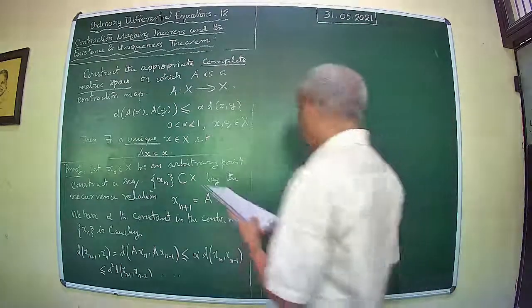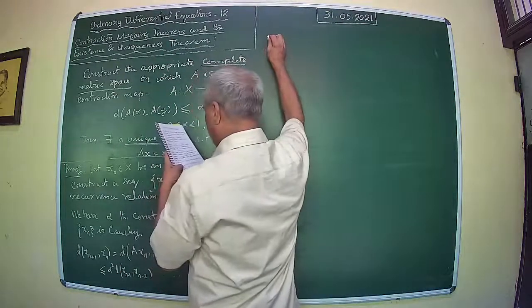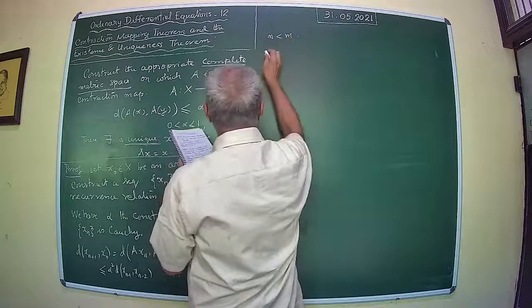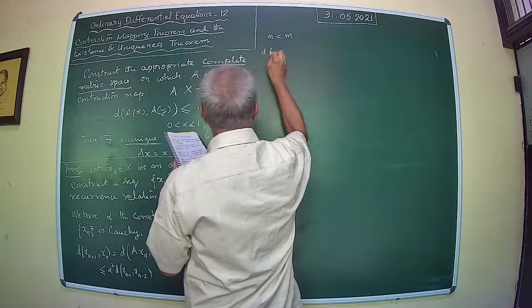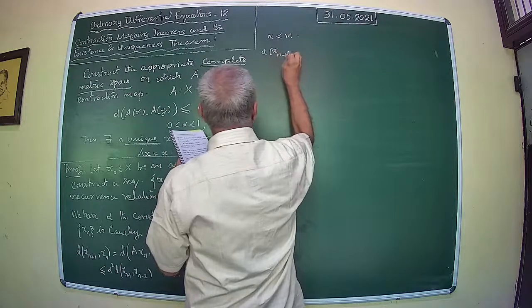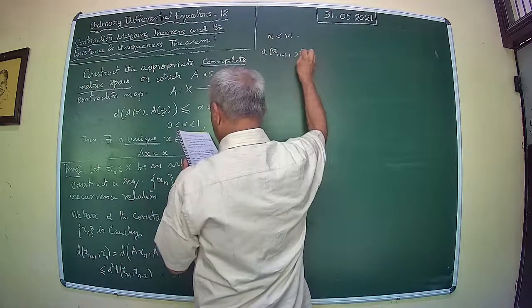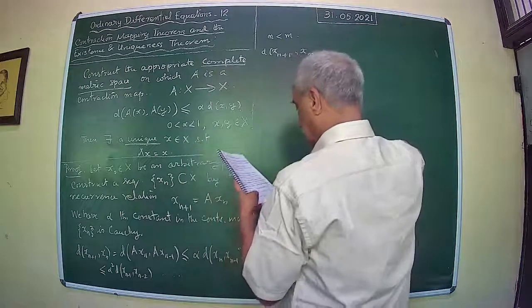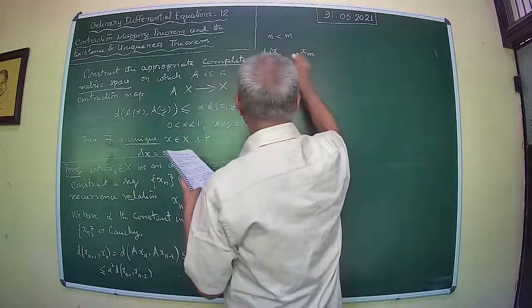So we will compute this. We take n less than m, and take d(x n, x m).